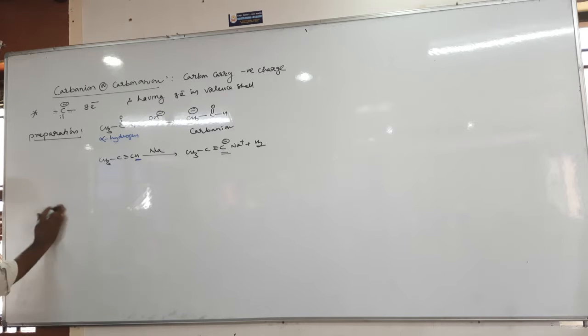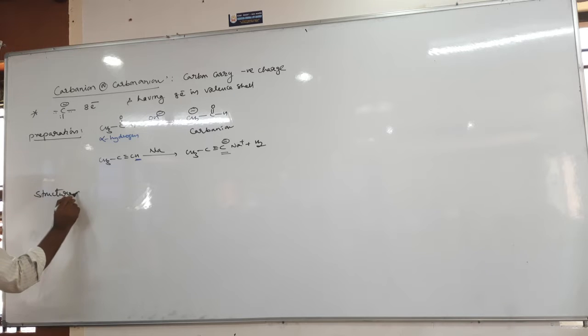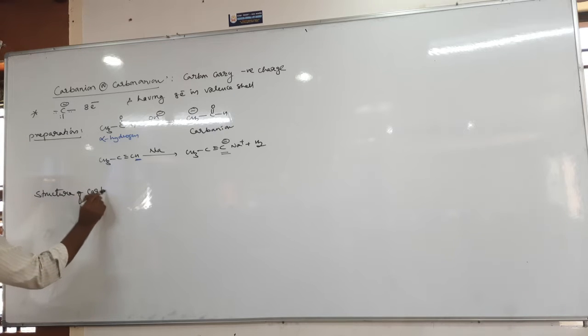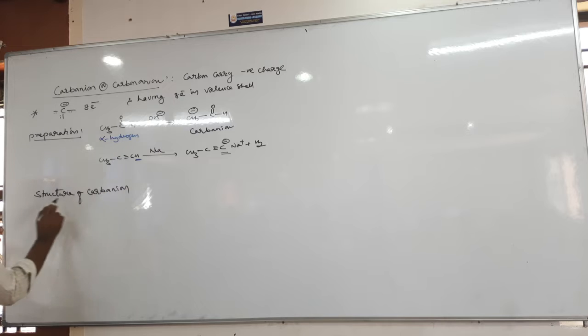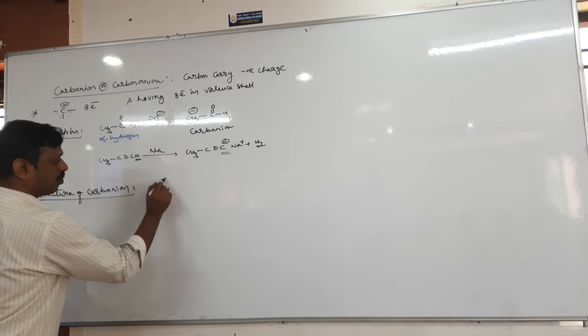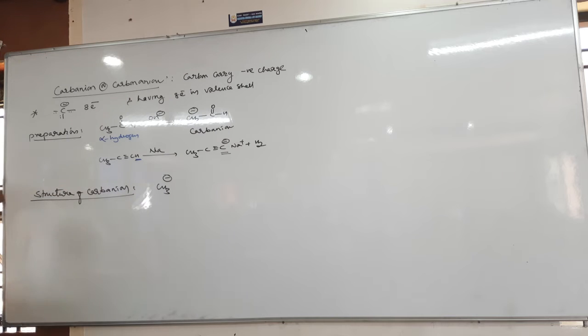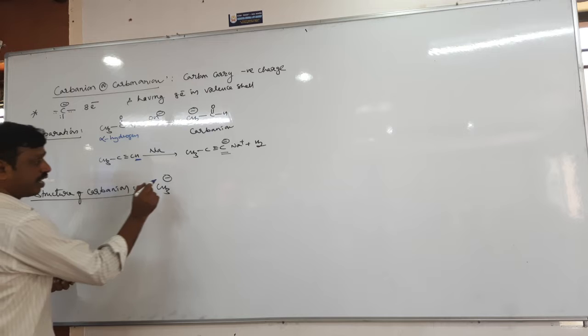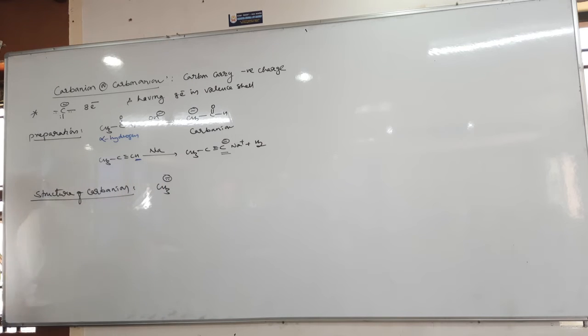Next, the most important is its structure. So what is the structure of carbanion? Then types. Let us see the structure of carbanion. The simplest carbanion is CH3 minus. Remember this negative charge indicates a pair of electrons, 2 electrons.